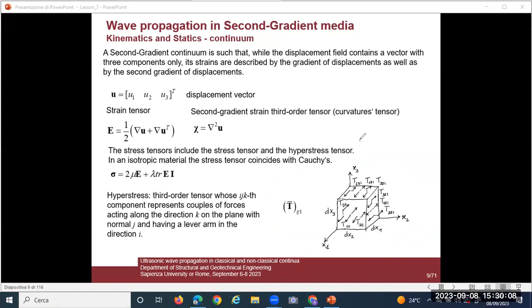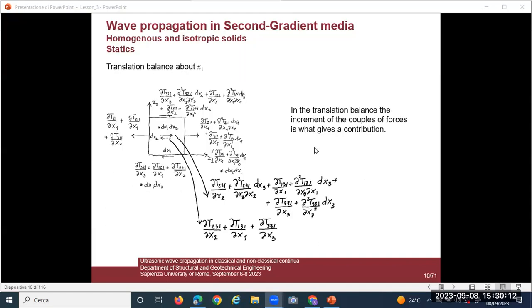If you write down the translation balance, you obtain something like that. On one face of the infinitesimal element, you have the variation of the couples.